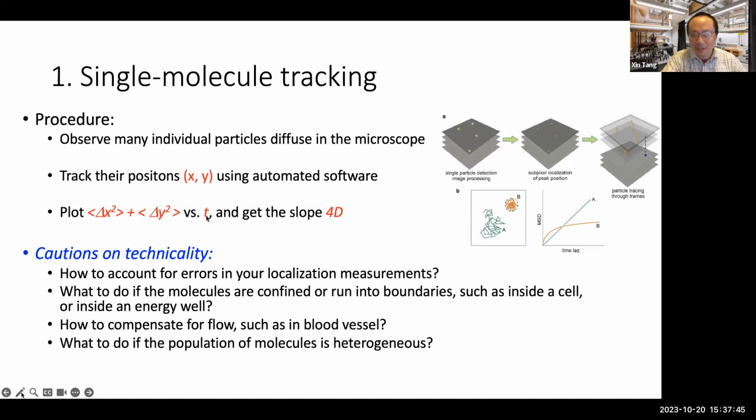Here, by changing the time, changing different time intervals, you can get a different delta x squared, right? So for example, if the time is very small, it's not only one step. It's not necessarily the first step, delta x squared plus delta y squared. It can be all the frames. As long as the frame-to-frame time interval is delta t, it will give us one value of the mean square displacement.